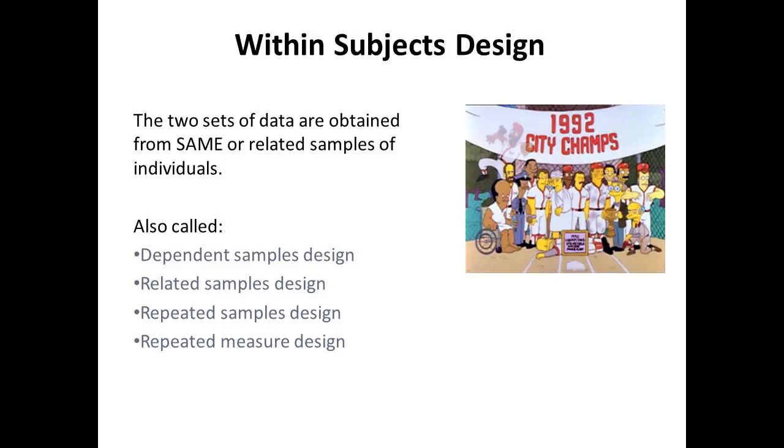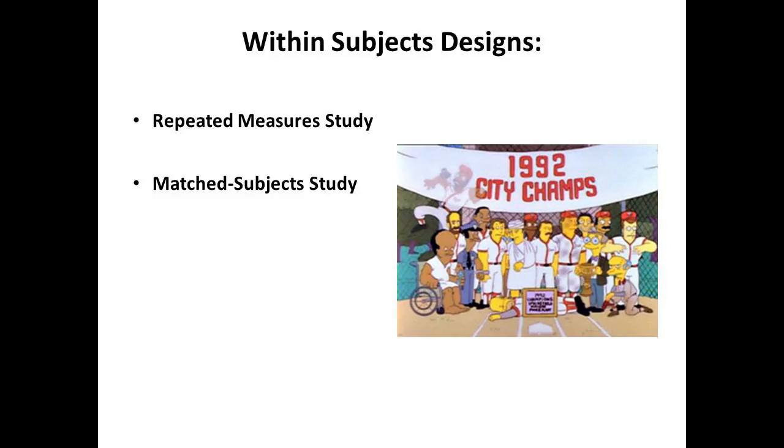Oh, paired samples. That's another one that you sometimes call it. And as we mentioned before, there's a couple of ways you can do that. Either a single sample of individuals is measured more than once on the same dependent variable or related dependent variables, in other words, the same subjects are used in all of the treatment conditions, or it involves two separate samples, but each individual in one sample is matched with an individual in the other sample.